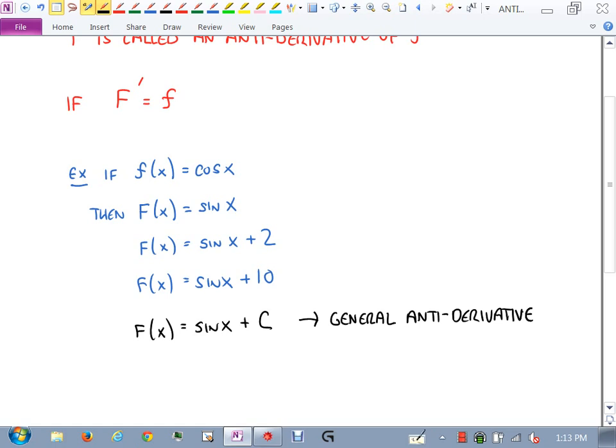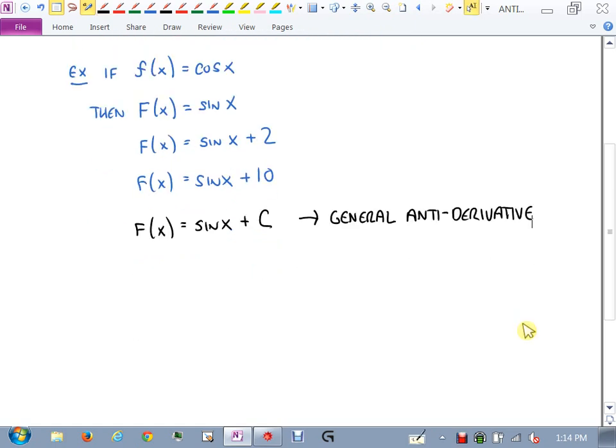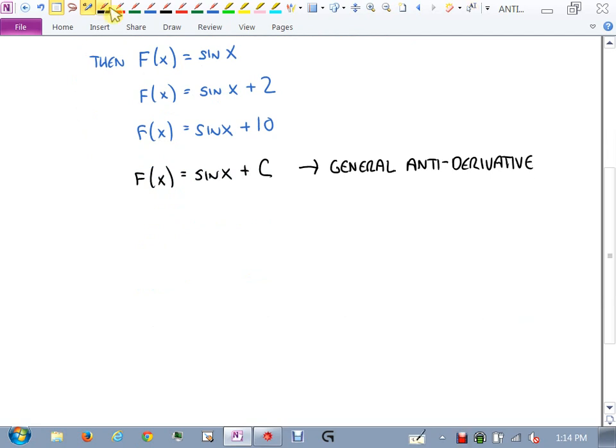Okay, that's your general antiderivative. Everyone understand the constant part of it? Okay, now, let me write down an example, and we can talk about some language here.